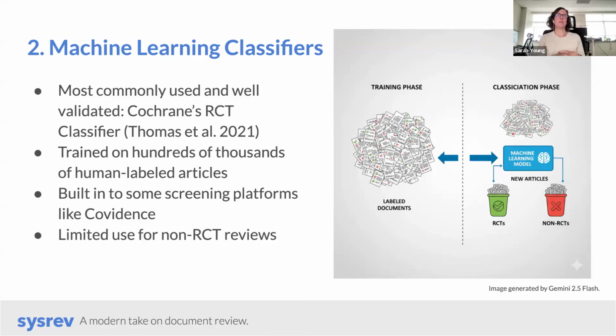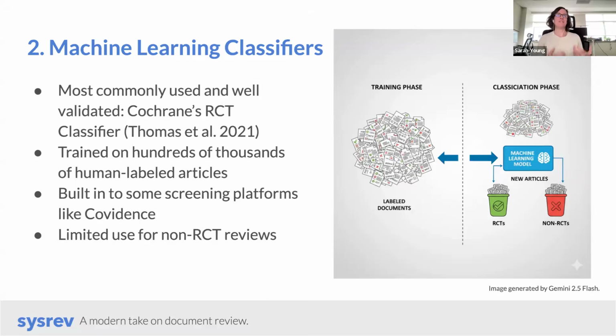So Cochrane developed a randomized control trial classifier based on hundreds of thousands of human-labeled articles. And this classifier is actually built into some platforms, like Covidence, for example, where you can pull in your search results and it will just automatically identify the records that are most likely to be randomized control trials, and reviewers can proceed with those.